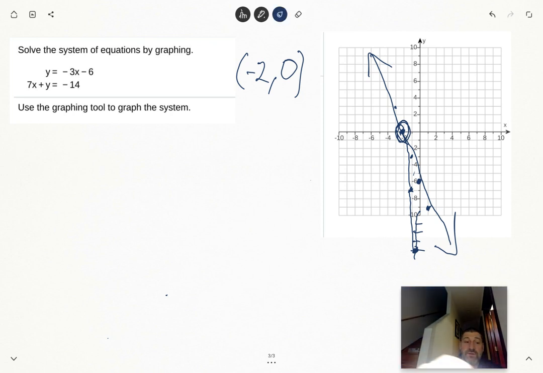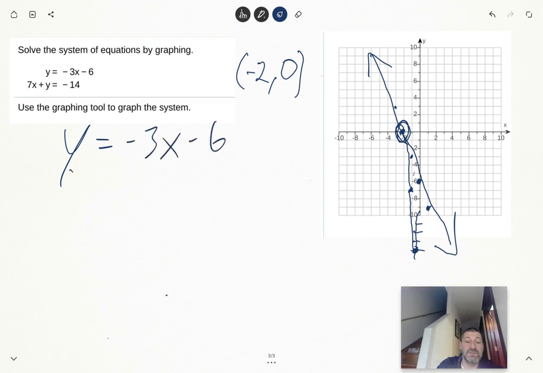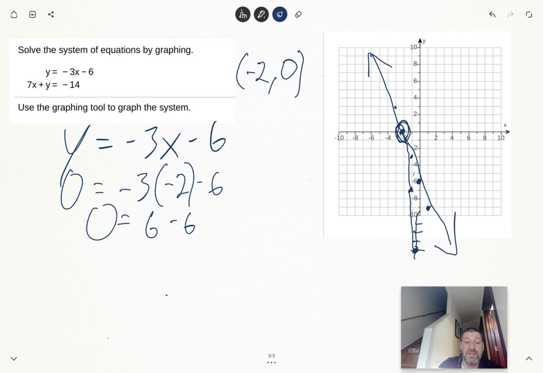The equation was y equals negative 3x minus 6. Y in this case was 0, and our x was negative 2. Is that in fact equal to 0? Negative 3 times negative 2 is 6, so that checks out. 6 minus 6 is in fact 0.